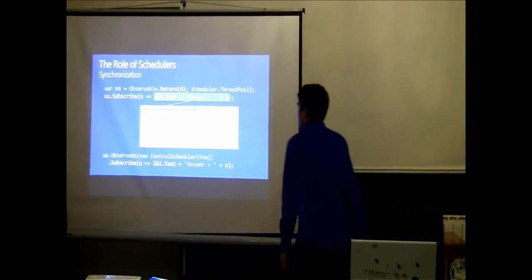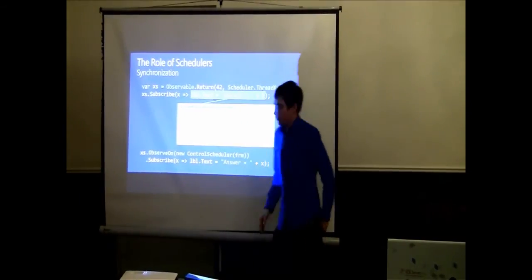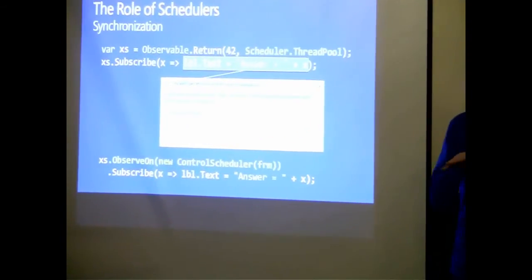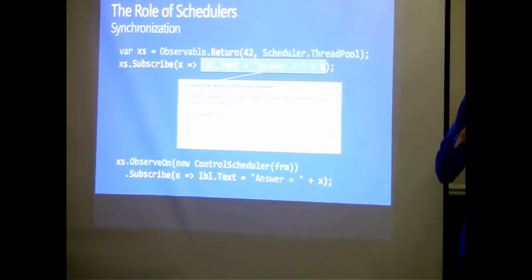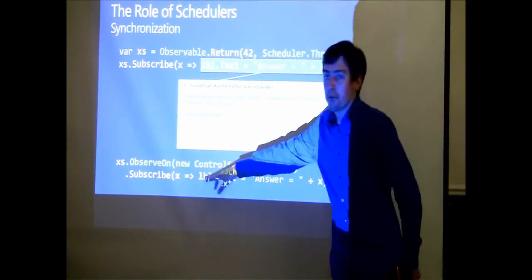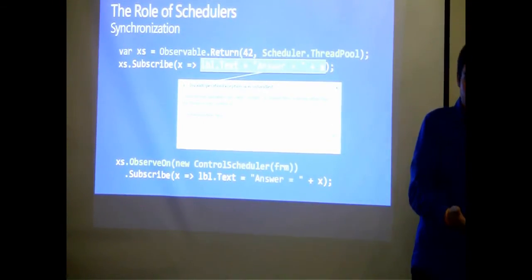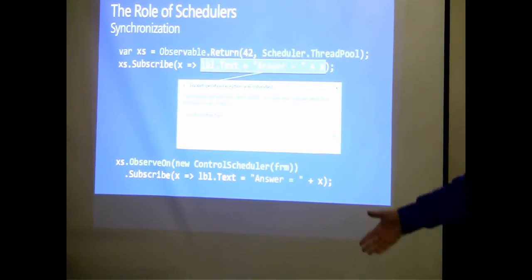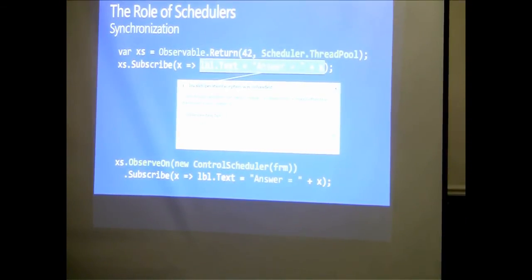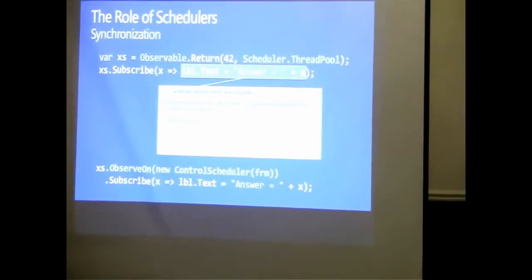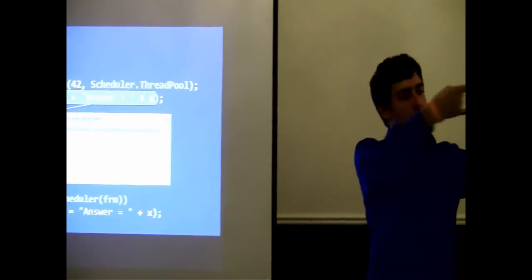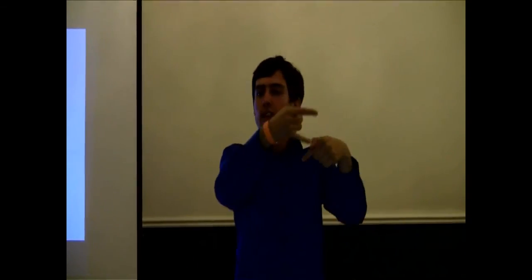At that point, we give you this ObserveOn thing that you saw before, and you saw ObserveOnDispatcher, which was an alias for xs.ObserveOn(dispatcher scheduler), or control scheduler, or whatever UI framework you're using. That basically means when messages come in from the original source, when I receive them, post them back to that scheduler to do the rest of the computation over there.